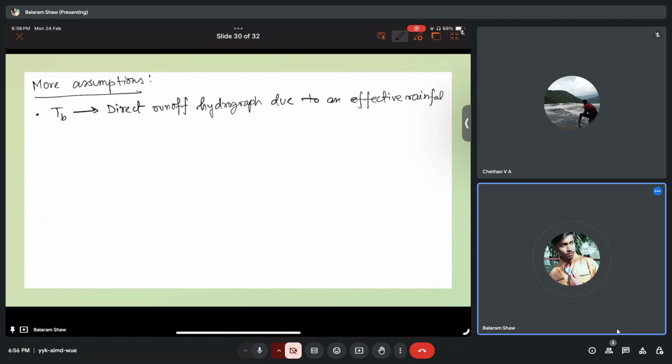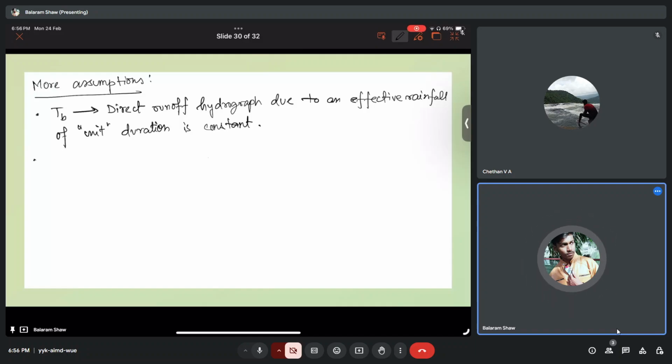Unit duration can be 1 hour or something like that, is constant.